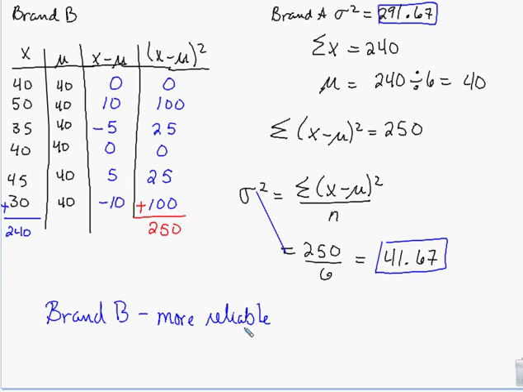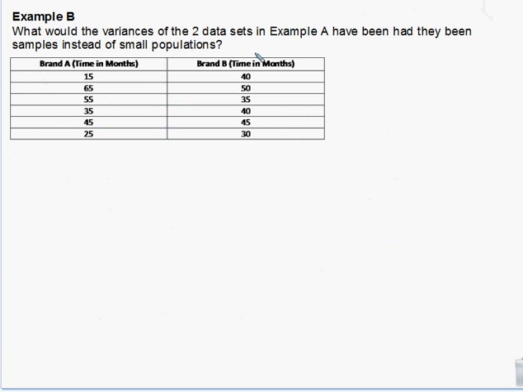Now, when it says it'll last that long, if they had been samples instead of populations, okay? The only difference between the sample and the population, the average is still going to be the same. However, we're going to call it X bar instead of mu. Okay, so average is the same. The number in the sample is the same.